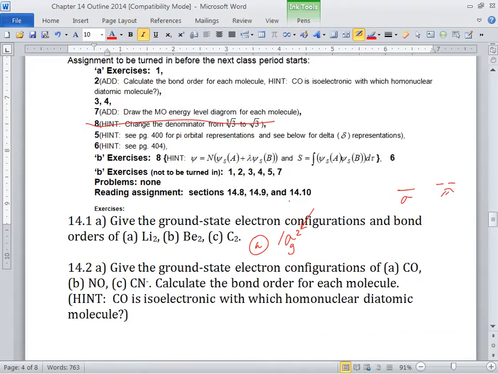What was the next one? Beryllium and then carbon. So those aren't so bad. I already gave you the answers. So we keep the U's and the G's, right? Yep.